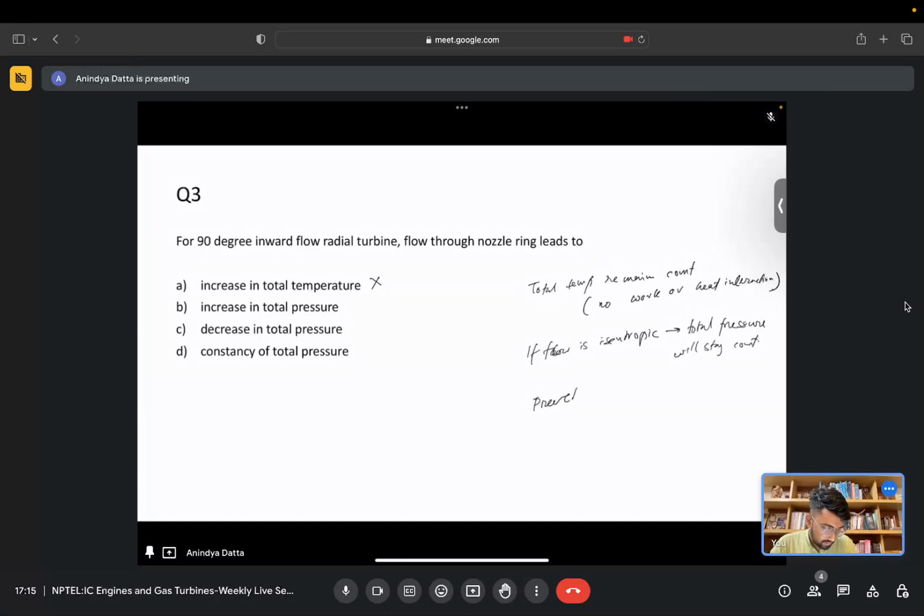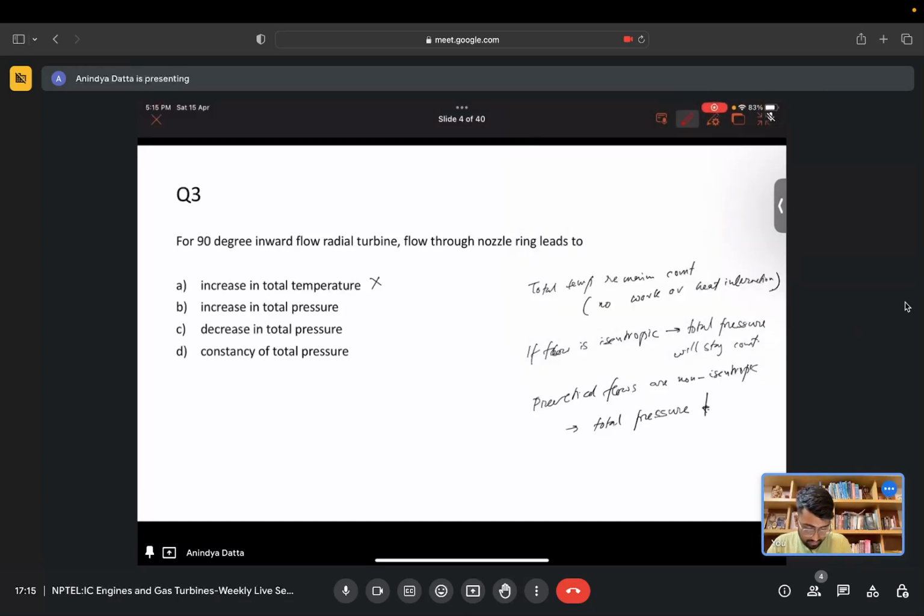Practical flows are non-isentropic, so that's why total pressure decreases. So the correct option is option C.